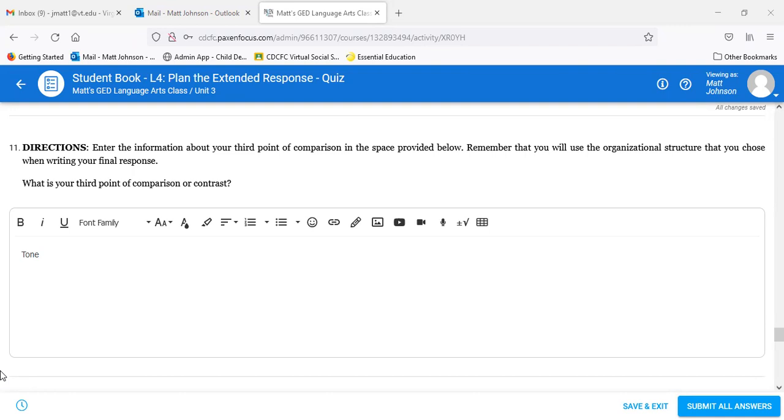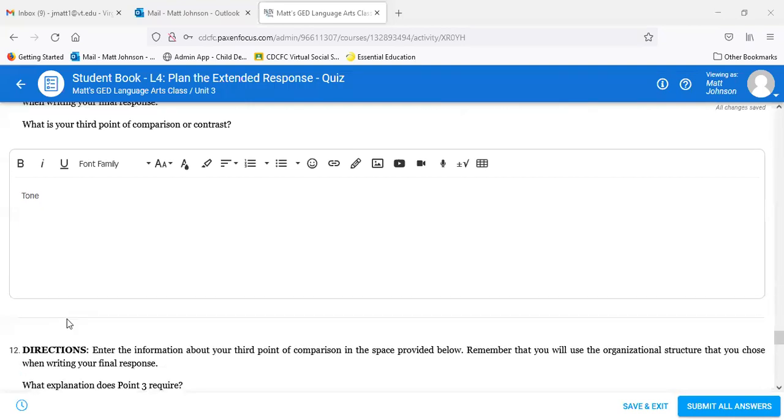You'll need one from each passage. It's just a matter of how you'll eventually organize it into the writing. So the exercise, right, is the same. So if we were doing this by subject, same idea. It's just how it's going to be organized within the writing itself will be different. So tone for number 11.